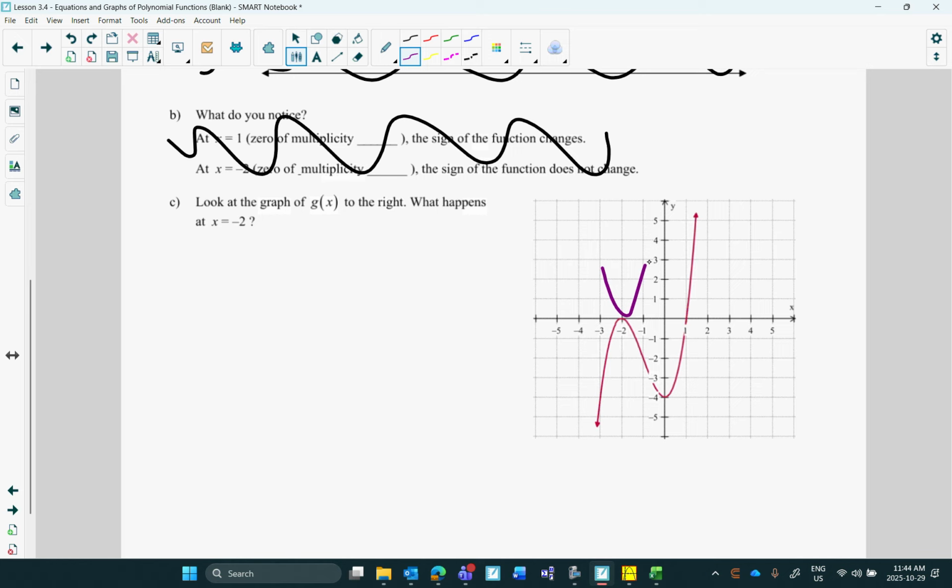Okay? So it bounces back down. So if we get a 0 twice, just remember it's going to bounce on the graph.